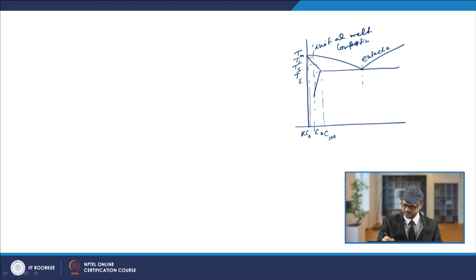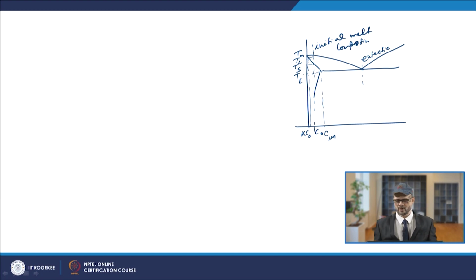So, as the temperature is dropped, the solid composition will certainly be moving along this line, from K C naught to CSM, and that will be maximum when the eutectic temperature is reached, that is TE.